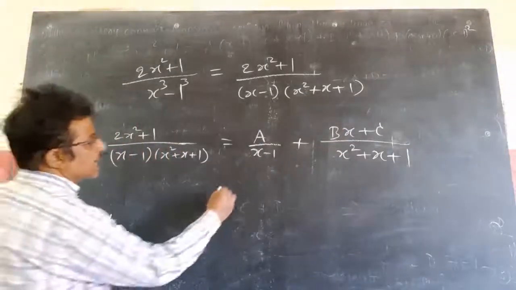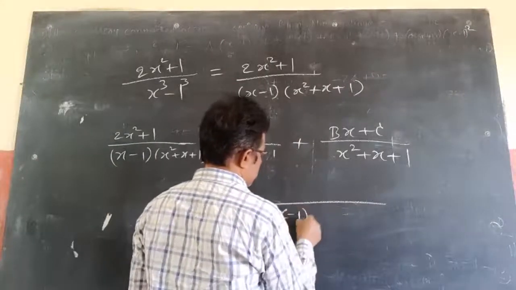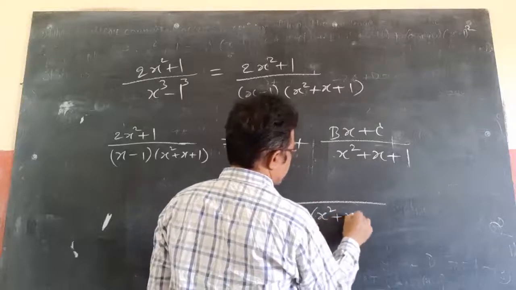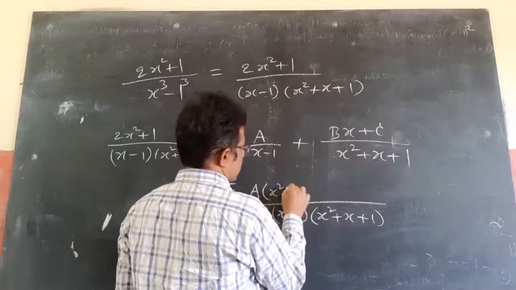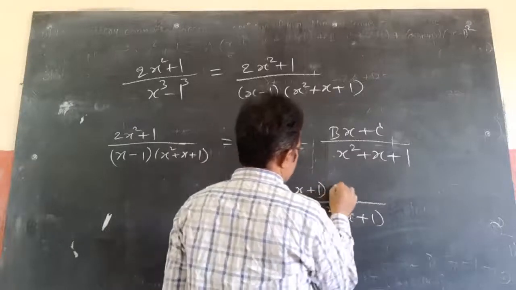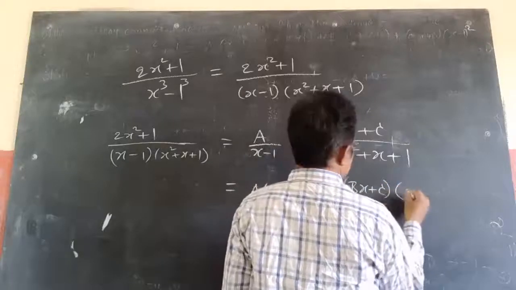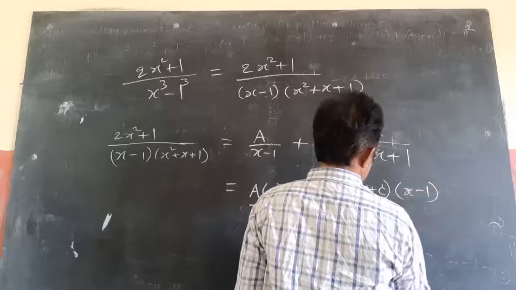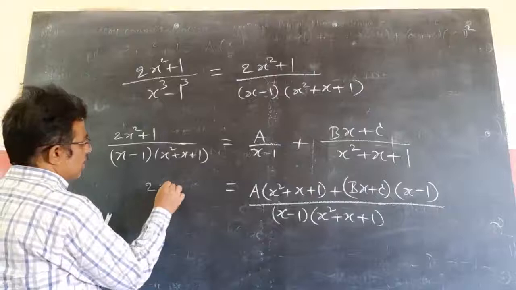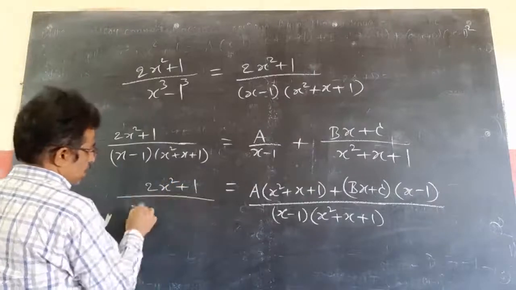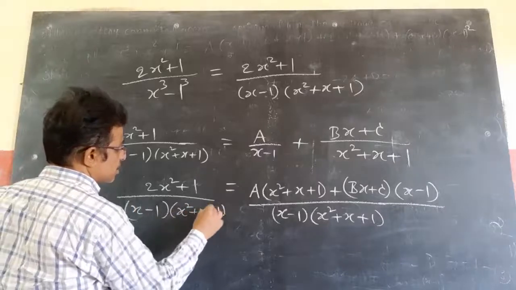Now take the LCM, x minus 1 into x square plus x plus 1. Here a into x square plus x plus 1 plus bx plus c into x minus 1, and on this side I have 2x square plus 1 by x minus 1 into x square plus x plus 1.